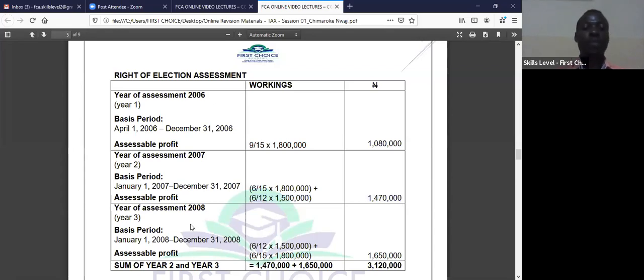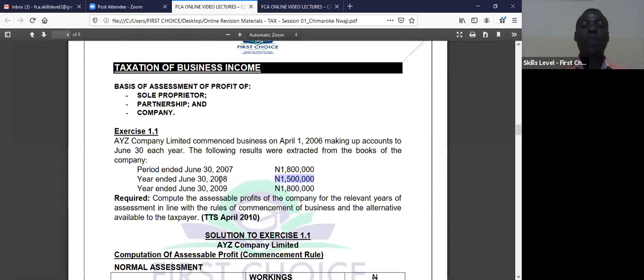Then you go to the last year, from January 1, 2008 to December 31st, 2008. So you ask yourself again, where can I get January 1, 2008? We have June 2008 here. Of course, here is June 2007, so January cannot be here. January 1, 2008 must be here.